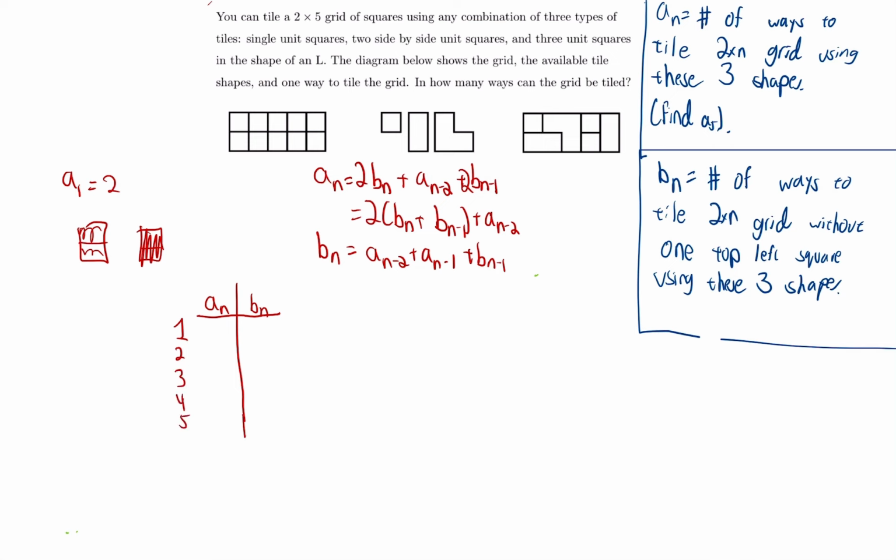We shouldn't need to go past 5 because we're trying to find a of 5. We know that a of 1 is 2, and b of 1 would just be 1 square, so it's just 1.